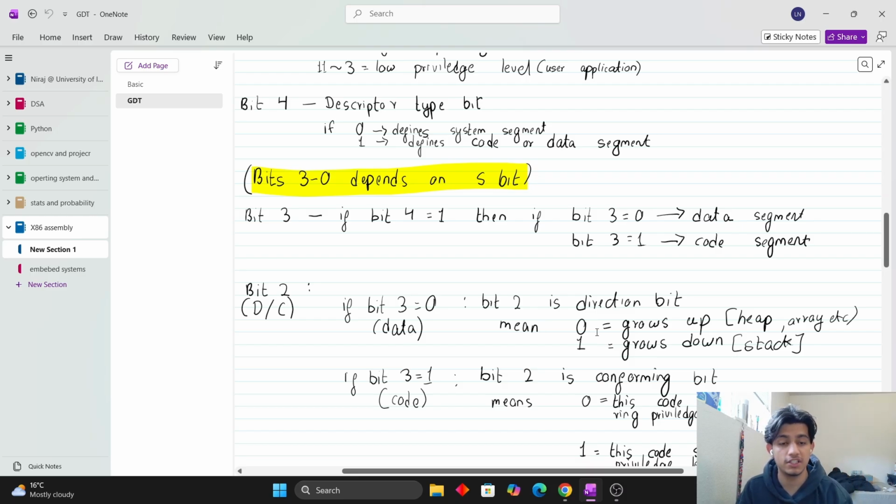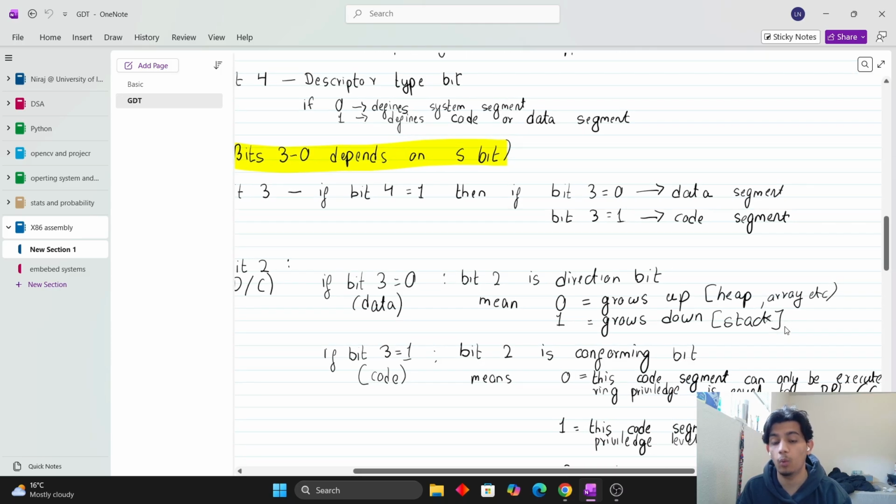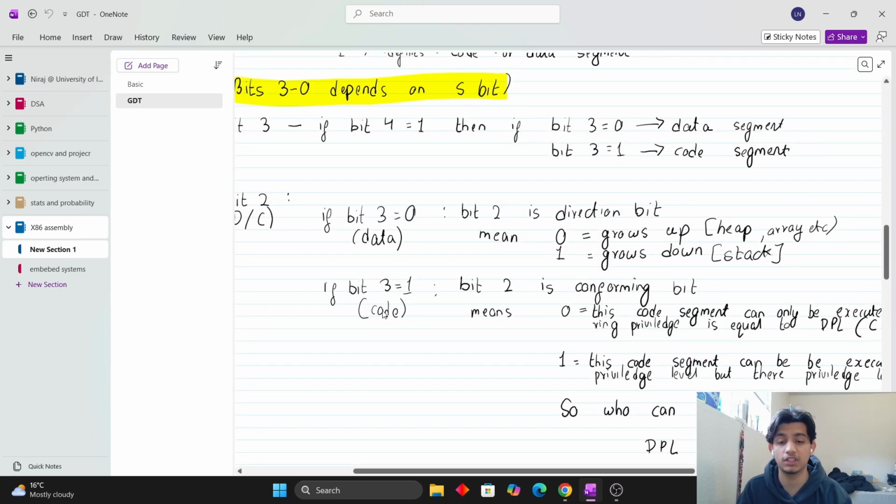If it is 0, it grows upward, which is used for global variables, heap, arrays, matrices, etc. So bit 2 is called the direction bit if it is data, right? And if it is 1, then it grows downward and it is used for the stack. But what if it is for code?